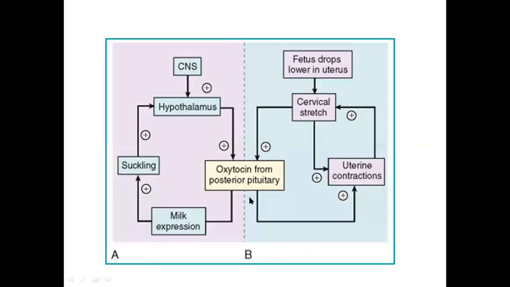Now you can see in this flowchart both ways the oxytocin functions. One is the suckling of the baby acting as a stimulus producing more and more oxytocin, and here the uterine contractions stimulate the production of oxytocin, bringing about more and more contractions.